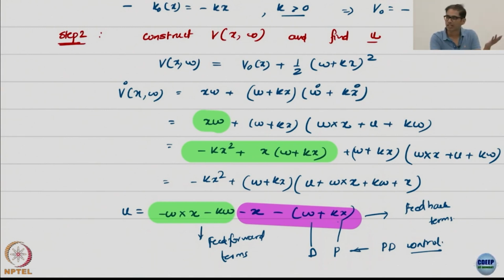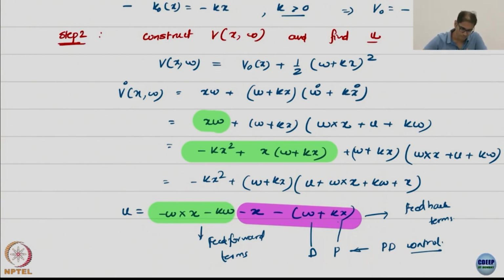It works well, cancels your feed forward effects, and then you have nice damping and reaching. Proportional is reaching, D is damping. It stops your system in some sense, so it doesn't have crazy oscillations. So that's the idea.